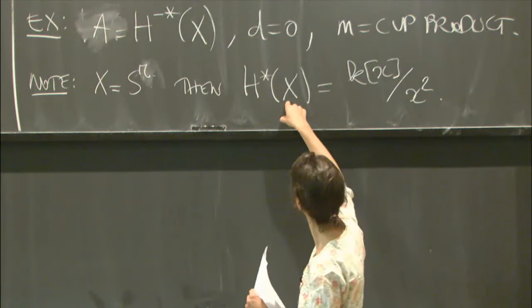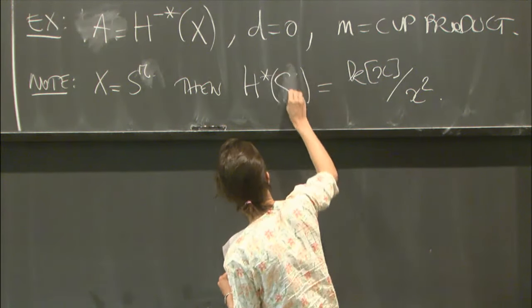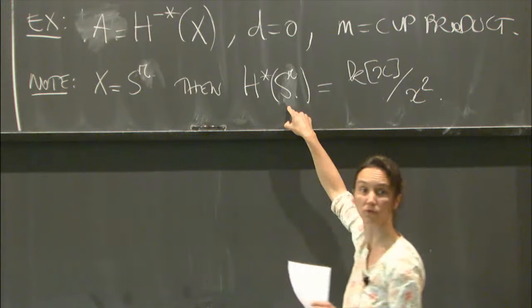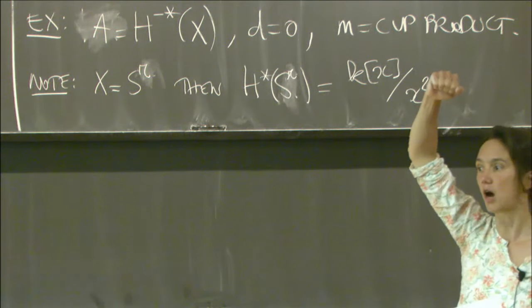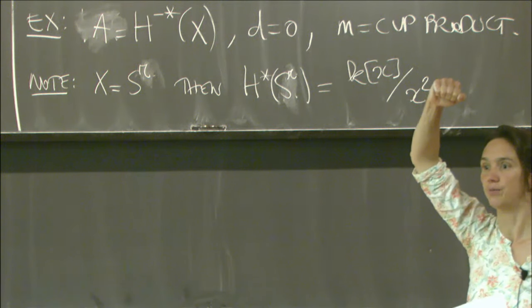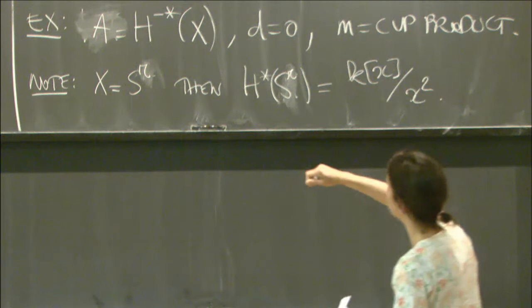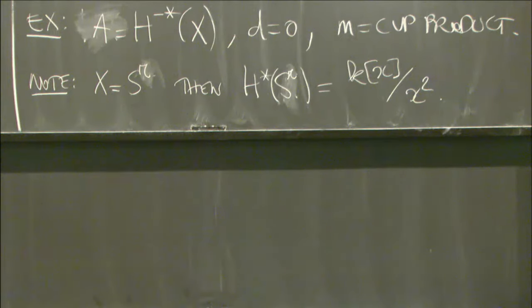The cohomology of a sphere has a class in degree 0 and a class in degree R. So it's something that looks like this.